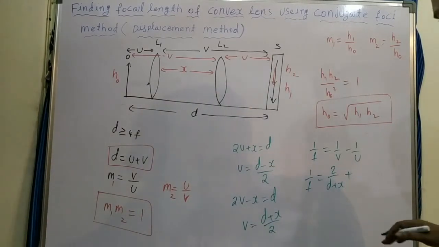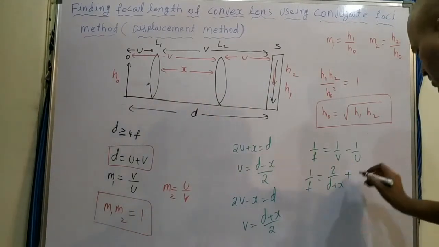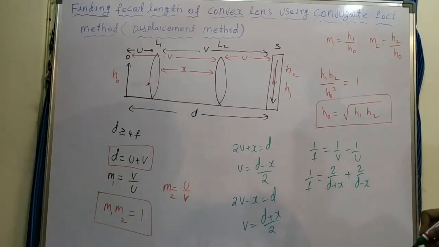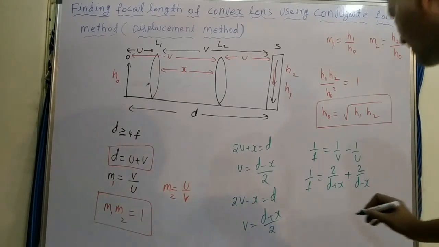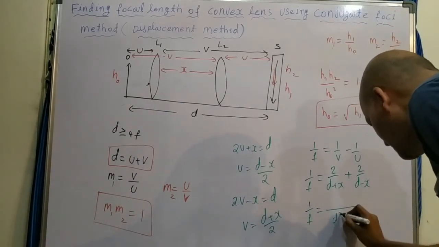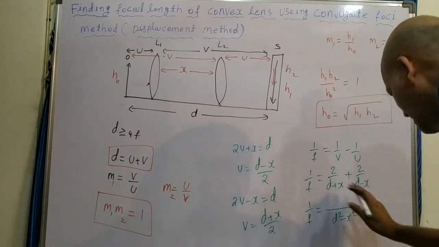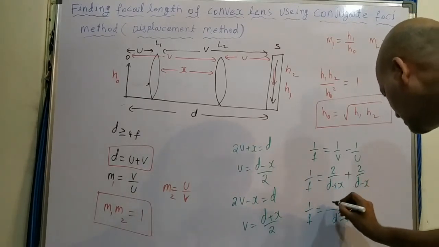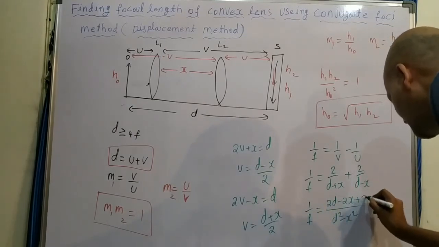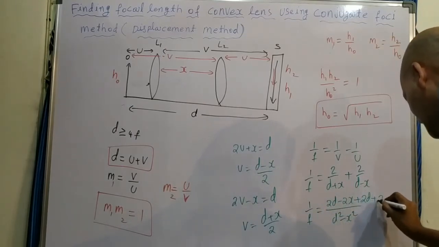So here plus 2 by d minus x. Take the LCM and calculate: 1 by f is equal to d square minus x square in the denominator, and in the numerator you get 2d minus 2x plus 2d plus 2x.